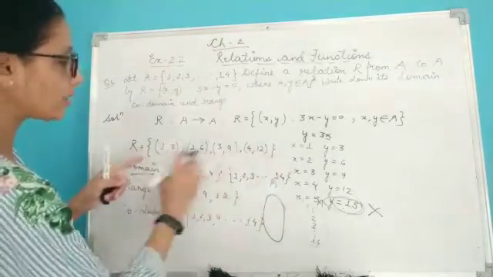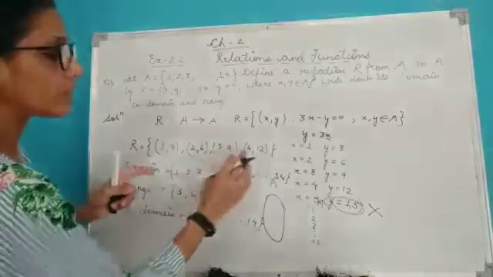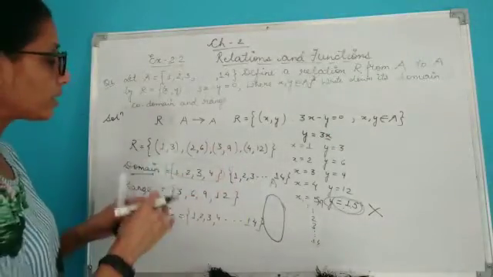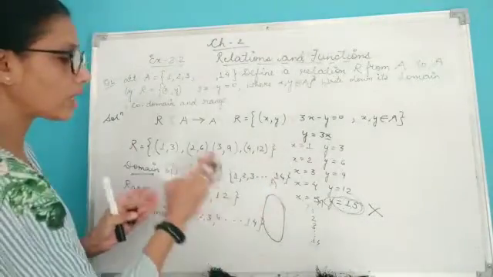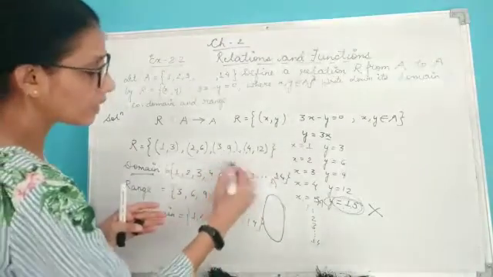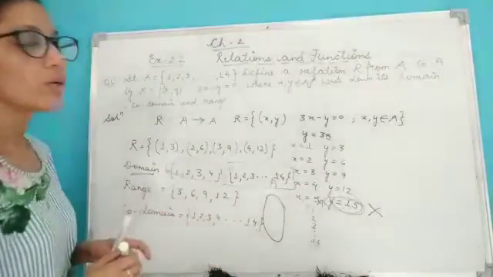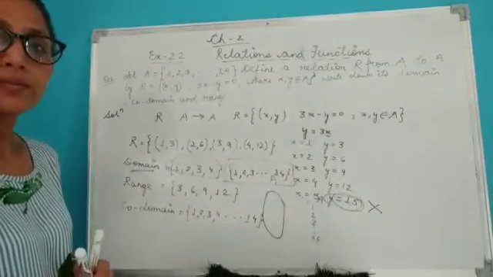Although from this relation I am just getting 4 elements as the domain, the proper definition is that all the elements of A are known as domain. That's why I have considered 1 to 14.